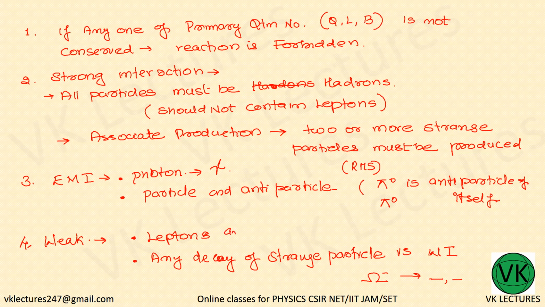If leptons are present in a reaction, it can be a weak interaction, and decay of a strange particle will be a weak interaction. So this is how you can classify or find out the type of interaction from the particles involved.